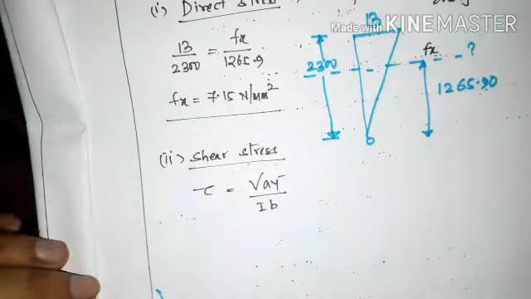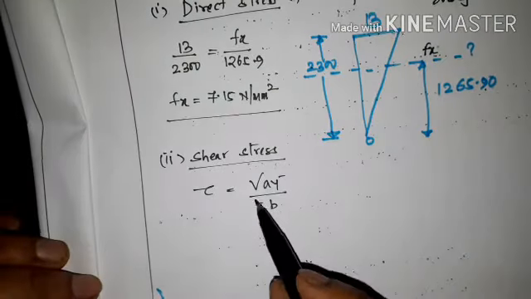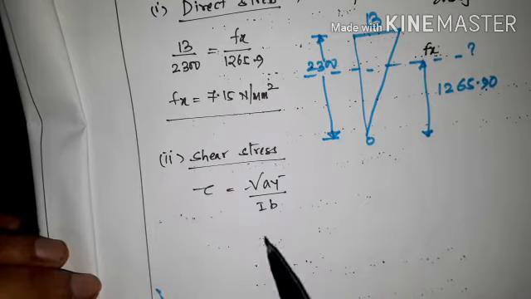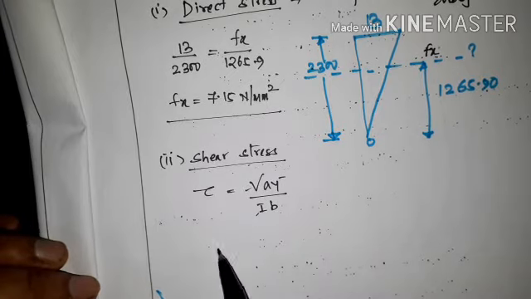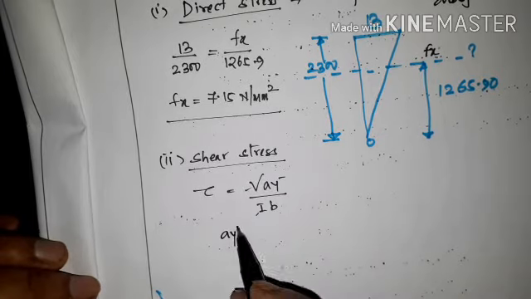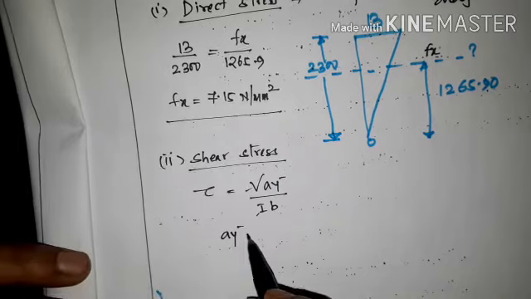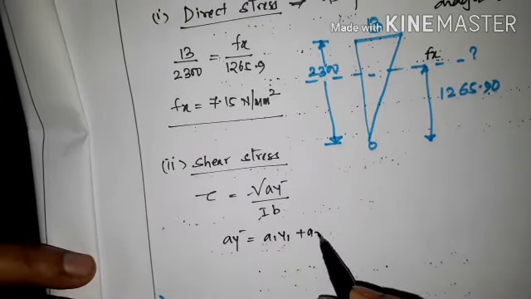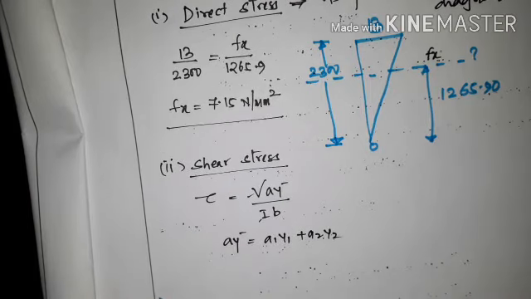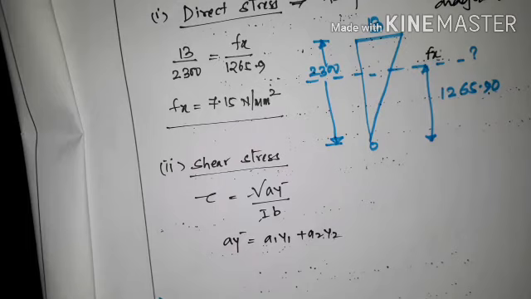So first we know that V is given, I we have calculated, B we know. So next important is the calculation of A y bar. Again A y bar is A1 y1 plus A2 y2, because it is the first moment of area.